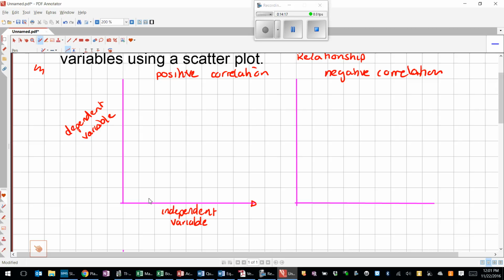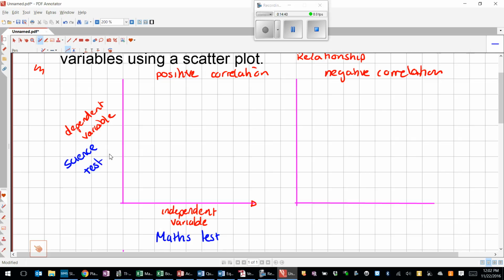What if I said you took two tests? You took a maths test and you took a science test. Now, could I put those either way round, or do you think one is dependent on the other?